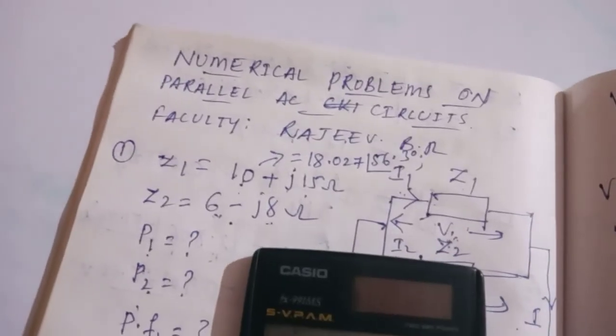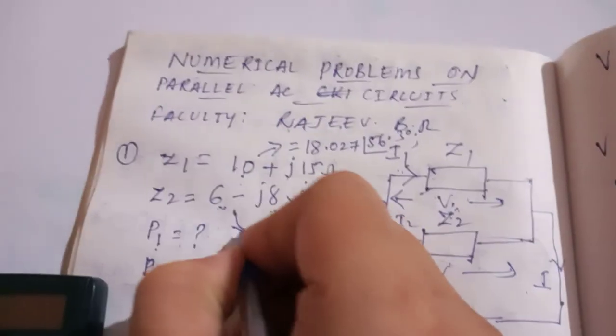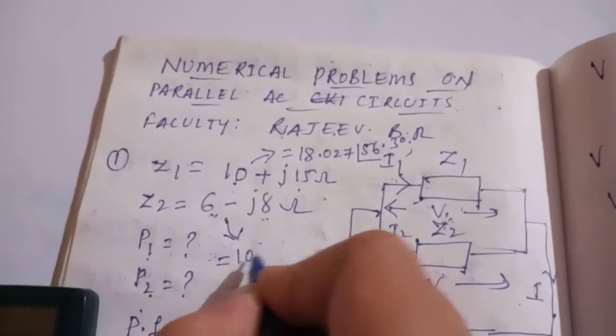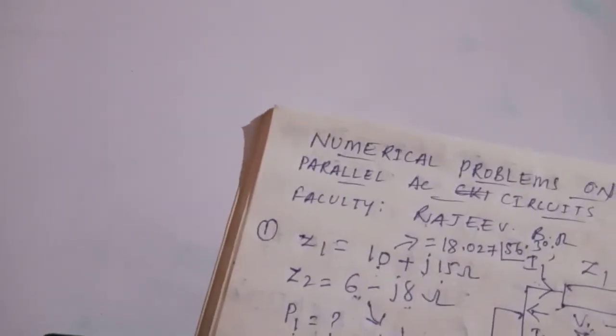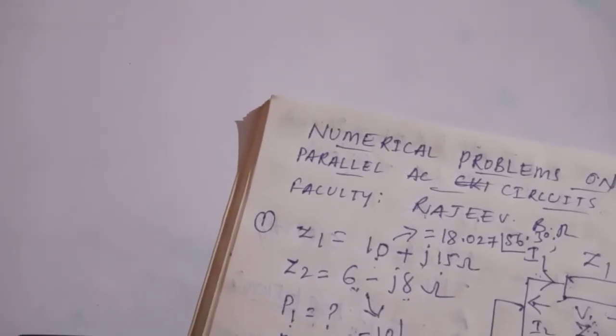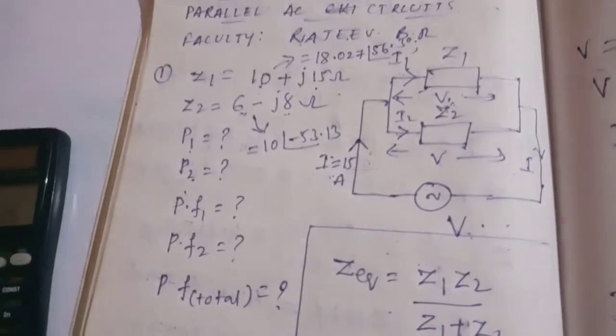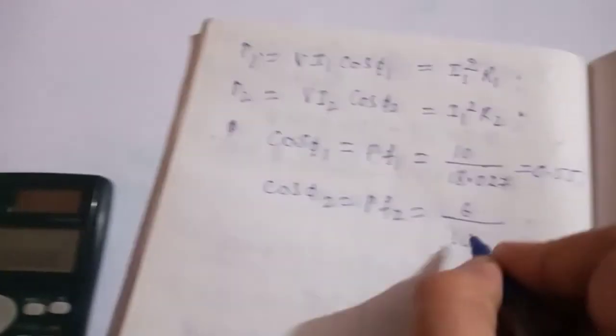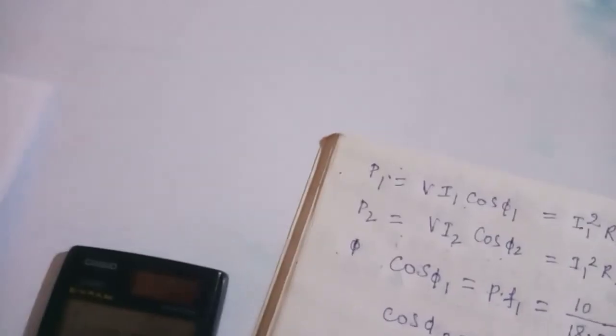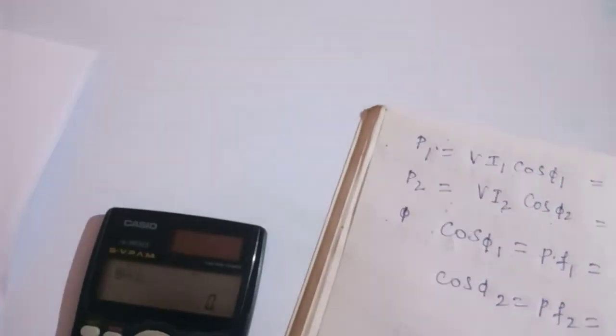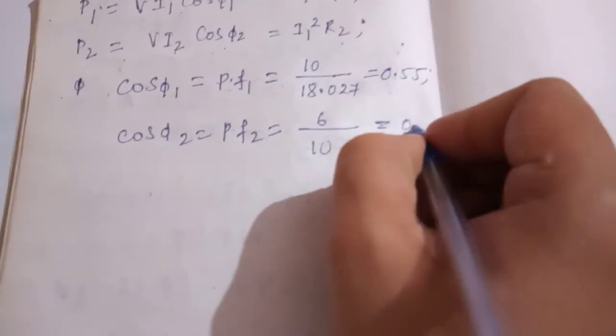It will come around 10 at an angle alpha of minus 53.13. So 6 divided by 10 is how much? 0.6.